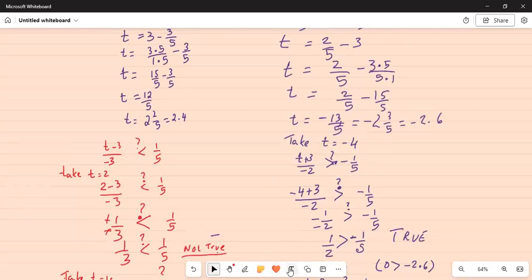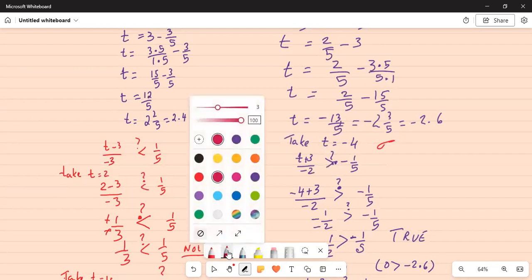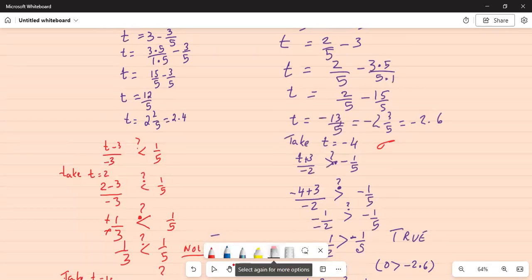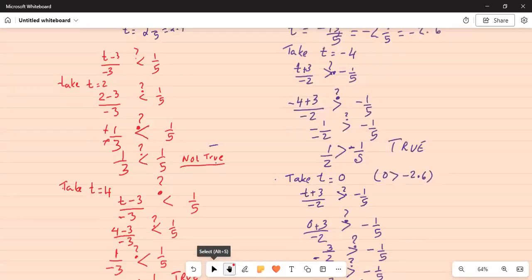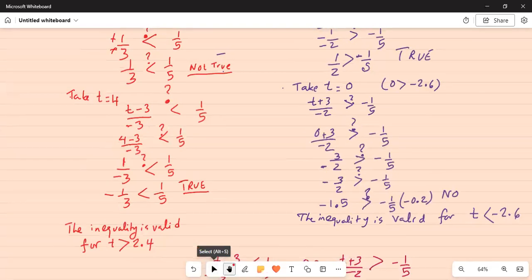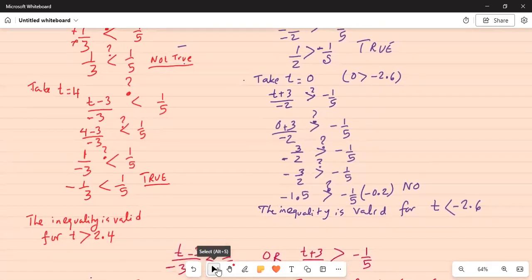Okay, so maybe I should write it down here. So this shows that the inequality on the right, the other inequality, is only valid when t is less than minus 2.6.